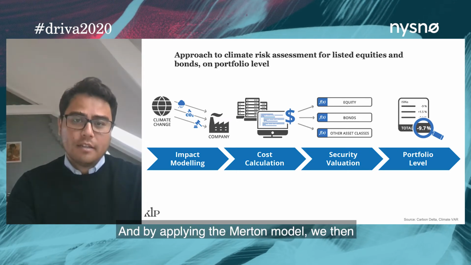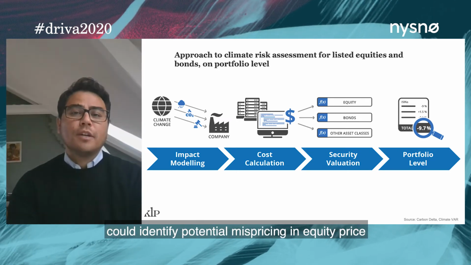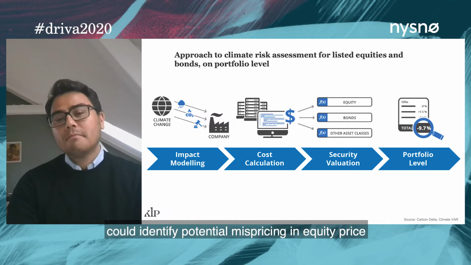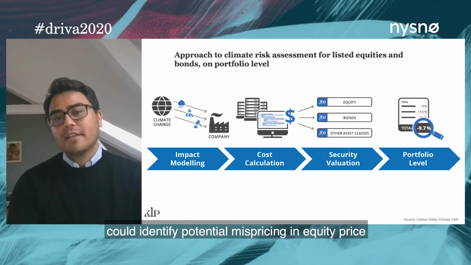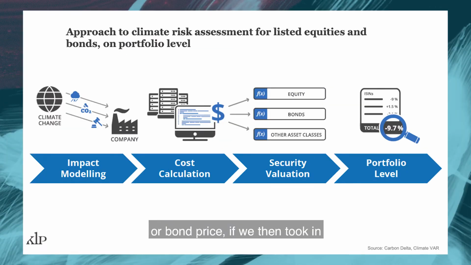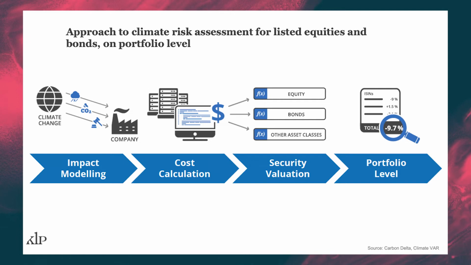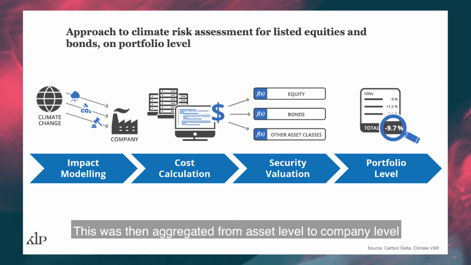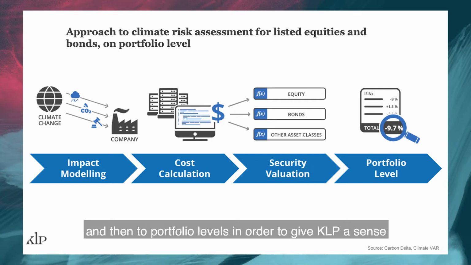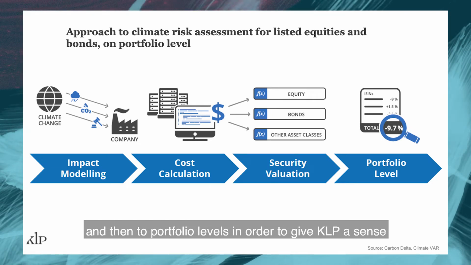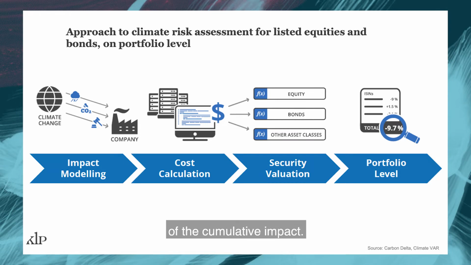And by applying the Merton model, we then could identify potential mispricing in equity price or bond price if we took in the climate risk lens. This was then aggregated from asset level, company level, and then to portfolio level in order to give KLP a sense of the cumulative impact.